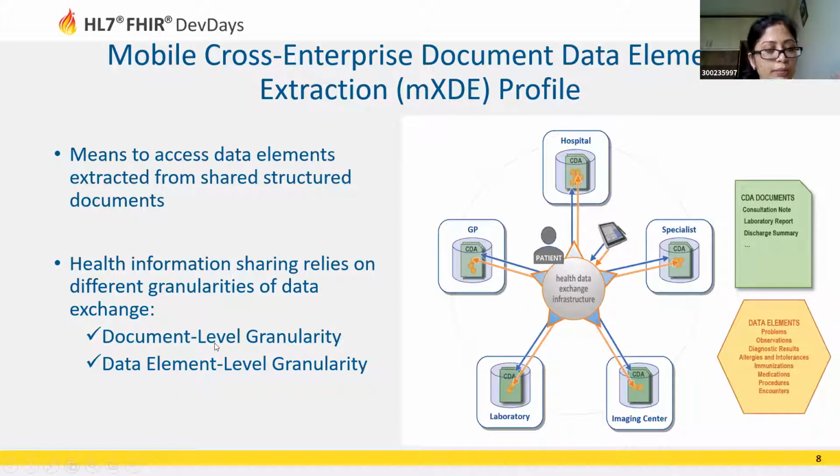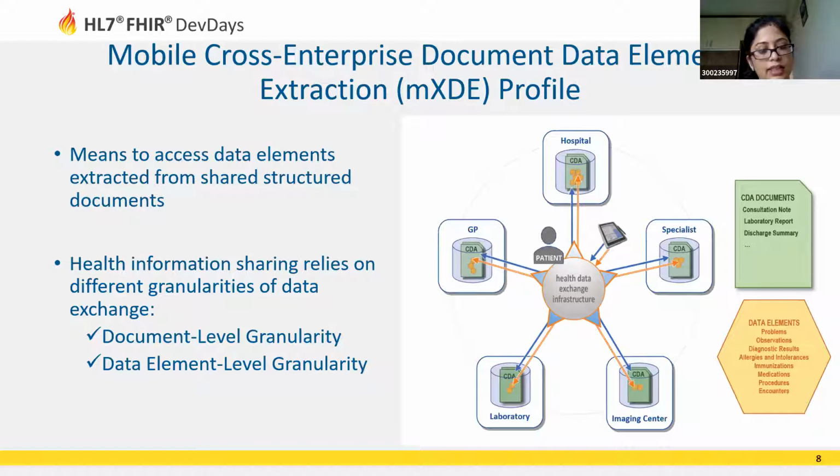So that's the document level granularity, where the CDA document is transformed as a whole. Then there is the data level granularity. There could be scenarios where the clinical data consumer or a FHIR consumer may not be interested in all the data that exists in the complete document, maybe only specific sections or components in the CDA document. For example, all the observations related to a specific condition.